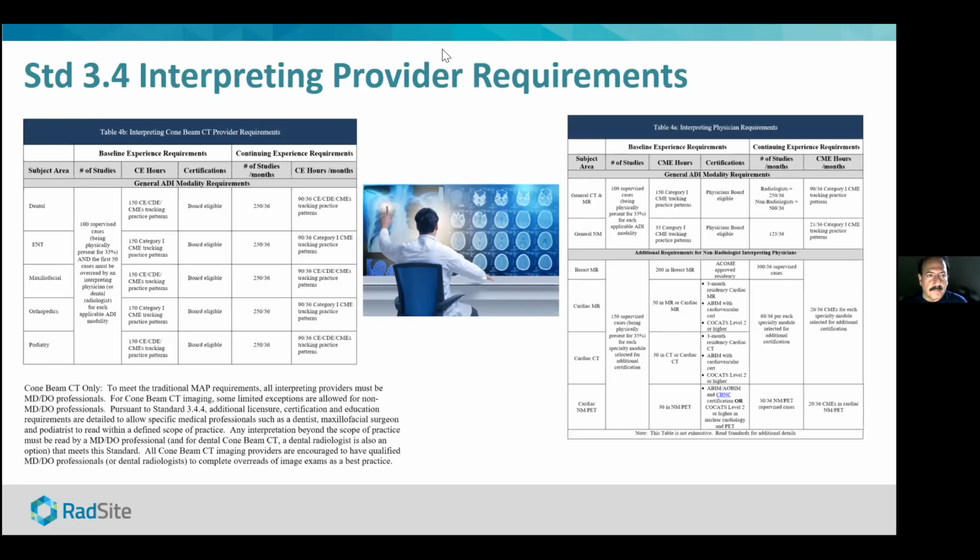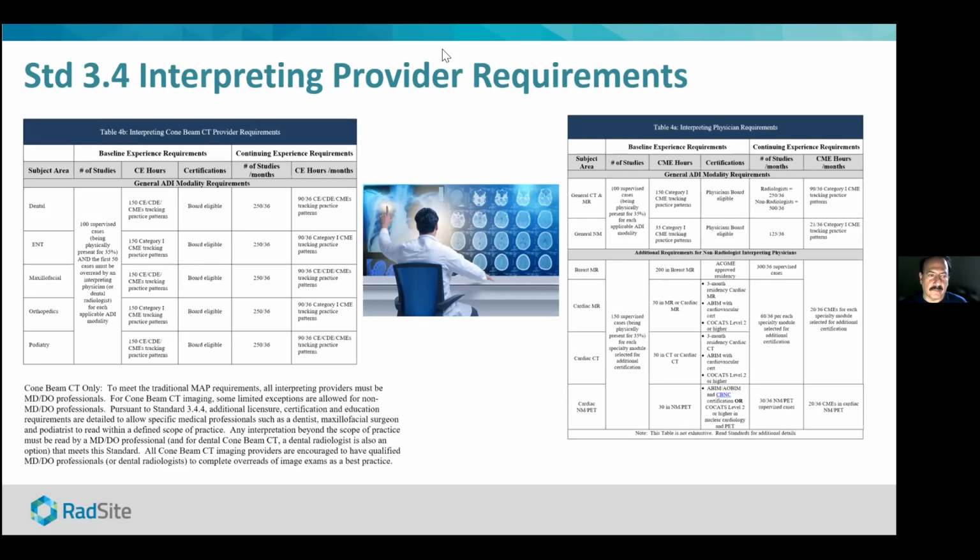Our baseline experience requirements are different than the requirements for somebody that already is practicing and wants to maintain their skill and expertise. As far as numbers of studies, we believe in 100 supervised cases, where a physician is overreading the studies. There are a number of ways to work with somebody.